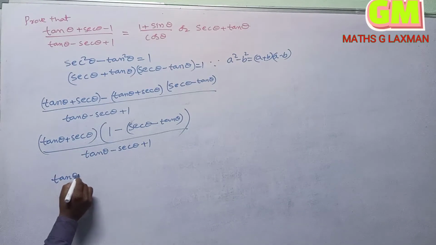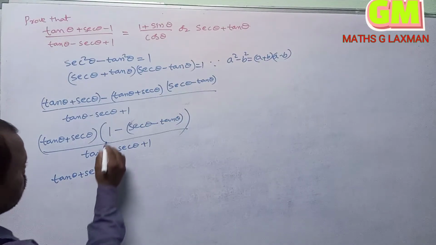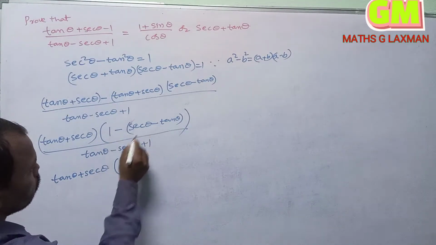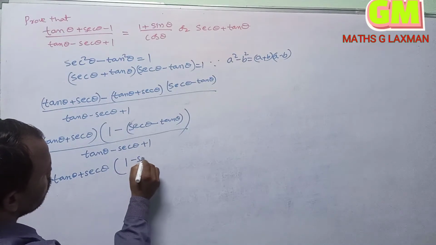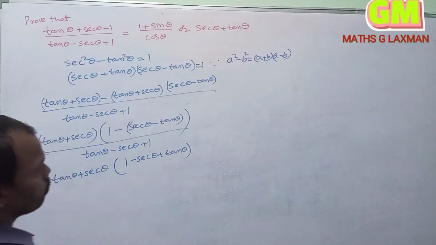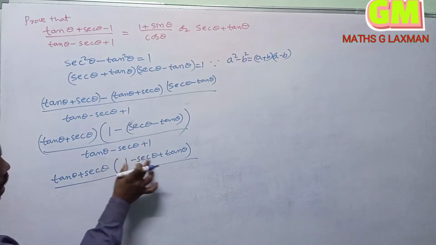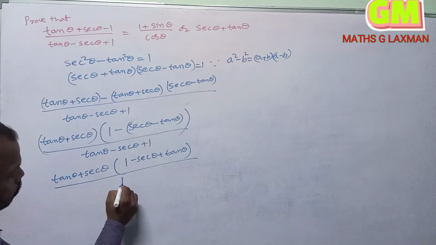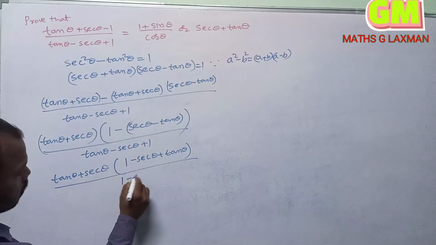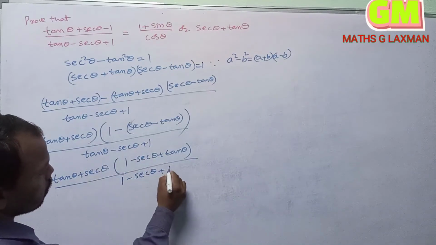Then tan theta plus secant theta, tan theta plus secant theta. This one multiplying with minus 1, minus secant theta plus tan theta, divided by, so this we should write in this form 1, okay, then minus secant theta, here minus secant theta is there, plus tan theta.